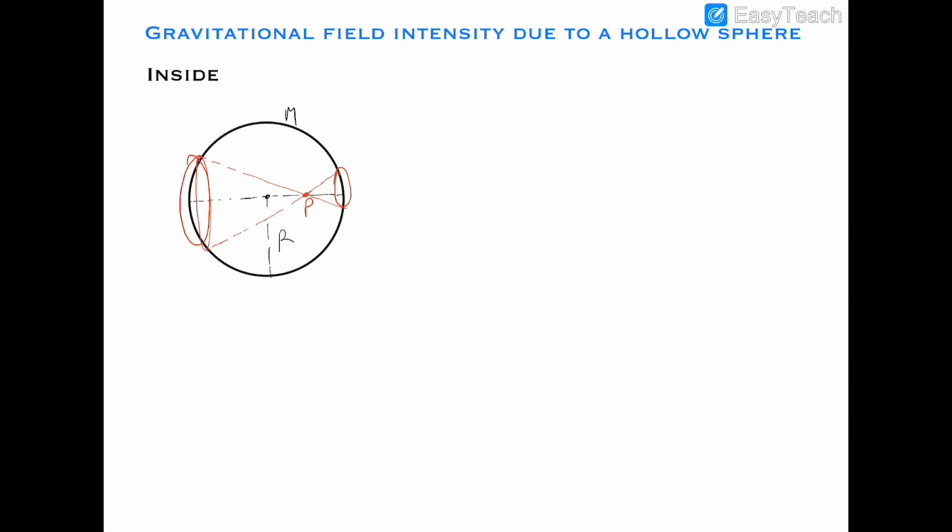Therefore we can say that the gravitational field will be 0 at this point, and this is true for any point inside this hollow sphere. So inside this hollow sphere, the gravitational field intensity will be absolutely 0 at every point.